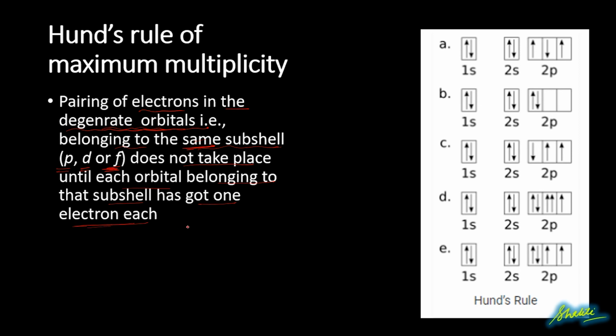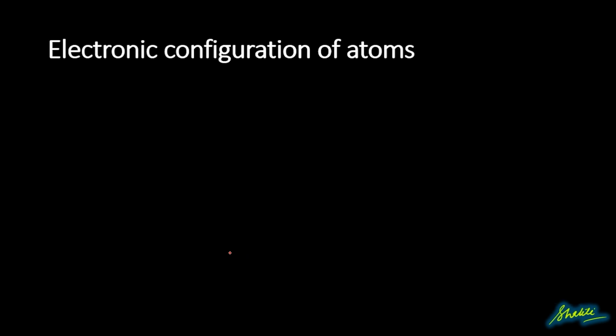What are degenerate orbitals? Orbitals belonging to the same subshell. The subshell can be s, p, d or f, but it should be the same. So pairing is done only after each orbital belonging to the subshell is singly occupied.